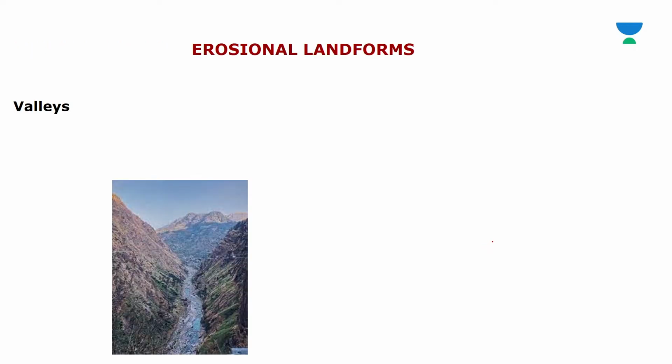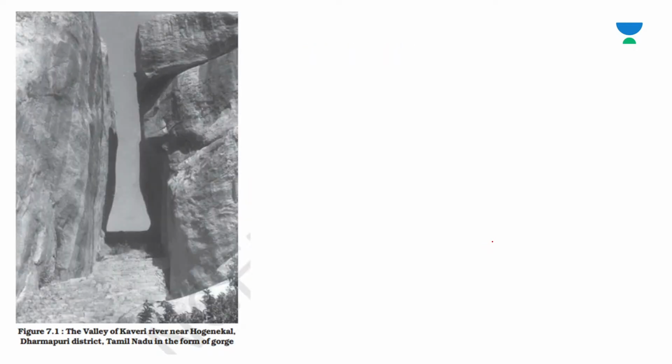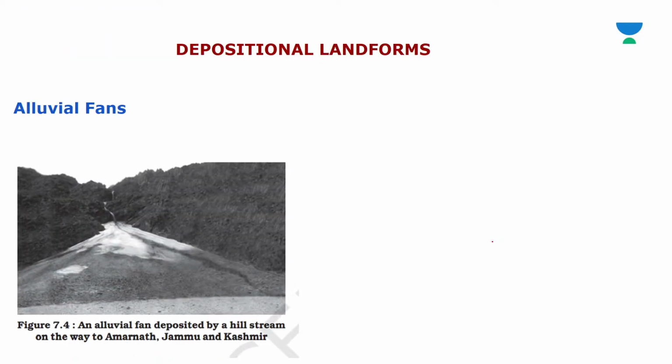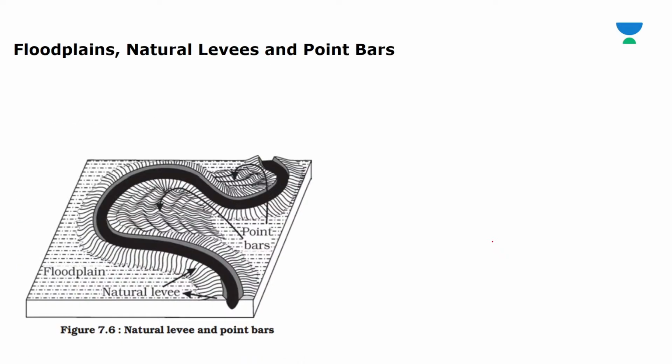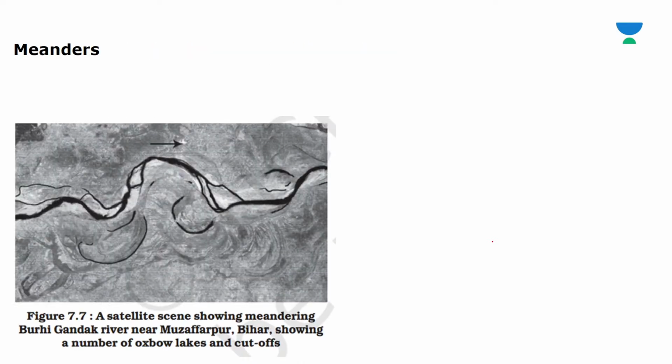So, in erosional landforms, now we will discuss from the Meanders. Now friends, in large flood and delta plains, rivers rarely flow in straight courses.